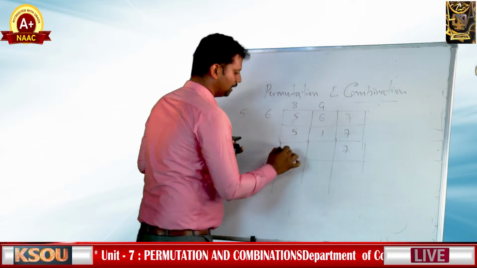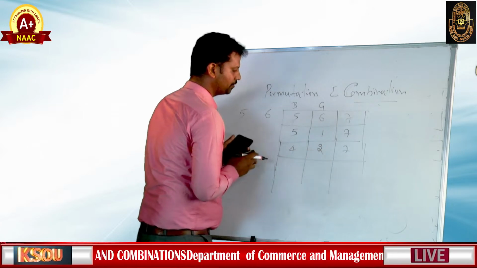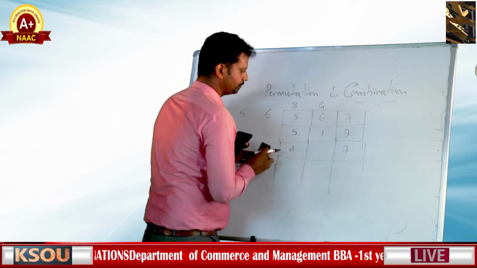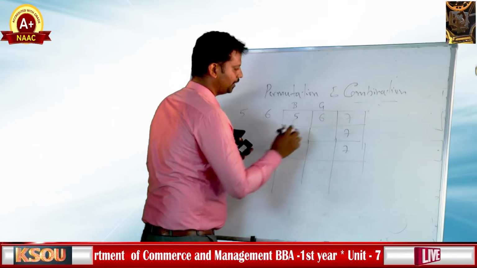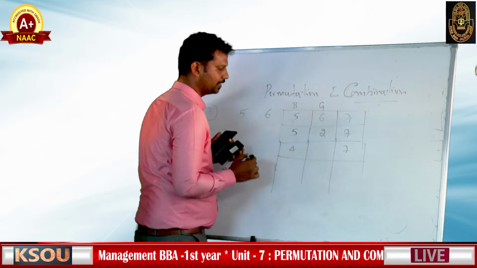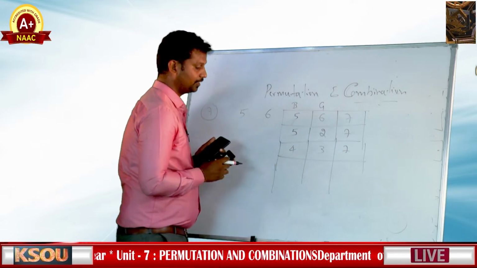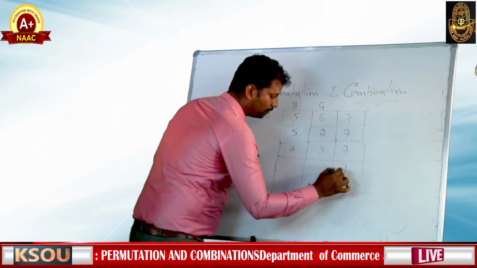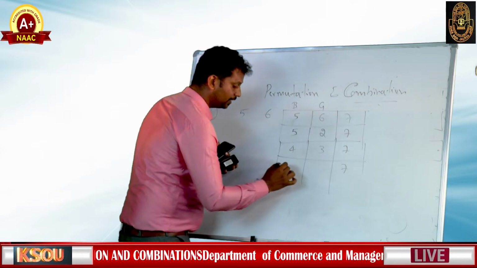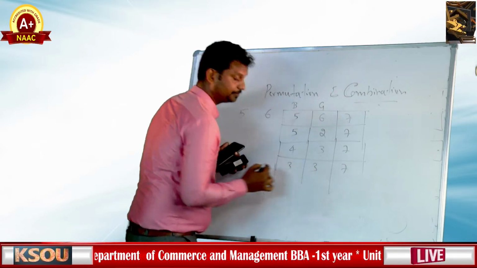Out of 7, if you select 4 boys, the girls will be 3. If you select 3 boys, the girls will be 4.